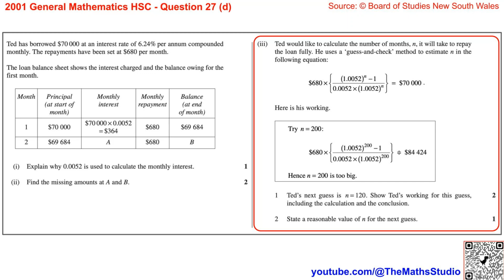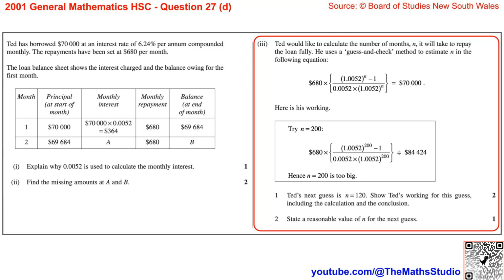Part 3. Ted would like to calculate the number of months, N, it will take to repay the loan fully. He uses a guess and check method to estimate N in the following equation. $680 times 1.0052 to the power of N minus 1, all over 0.0052 times 1.0052 to the power of N, equals 70,000.